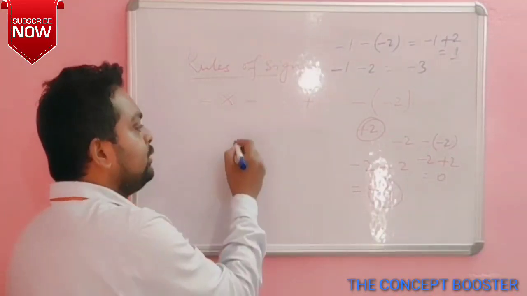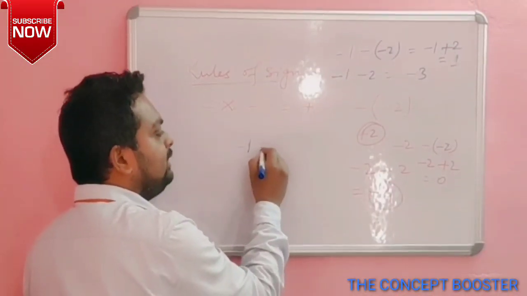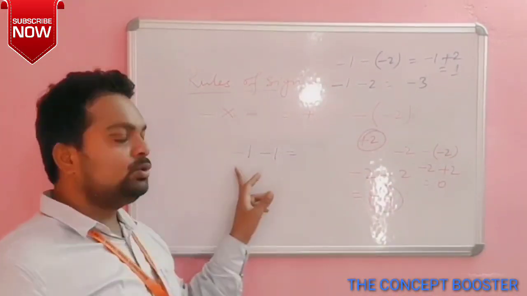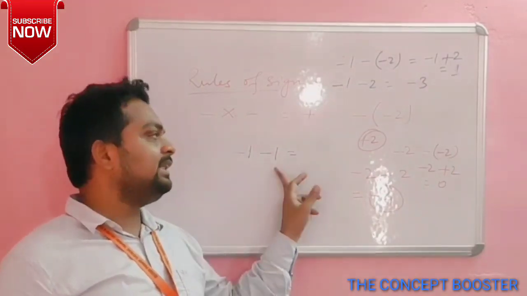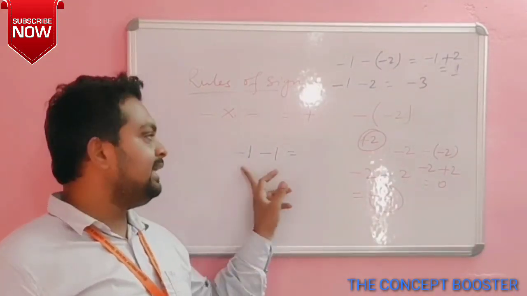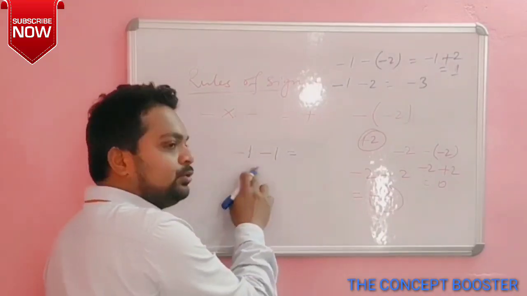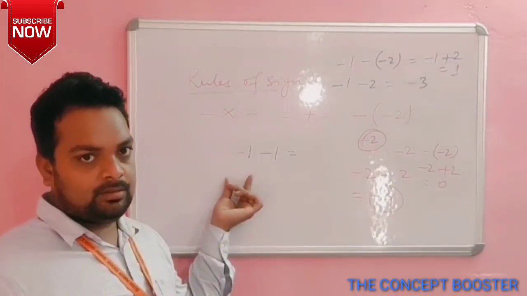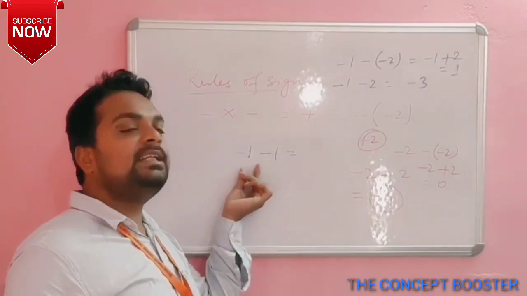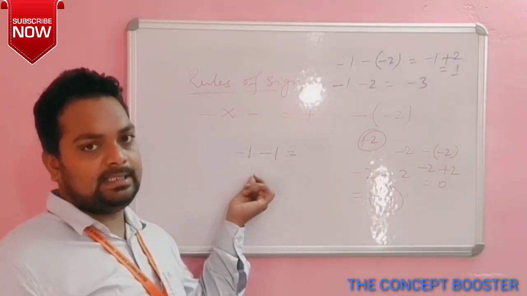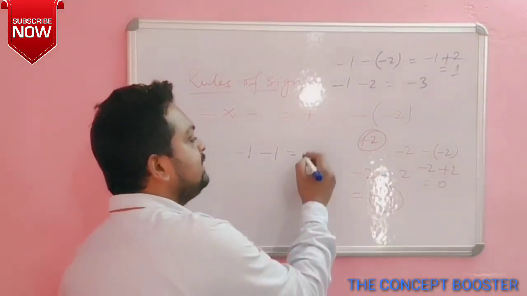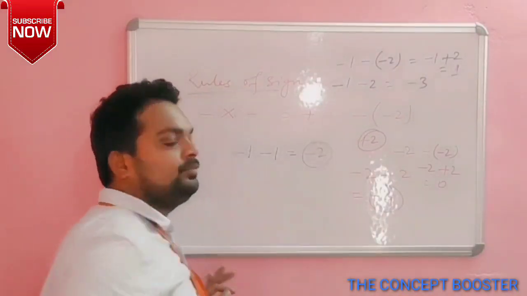Suppose you have two minus signs, like minus 1 minus 1. So minus 1 and minus 1, if it is written like this, then it is actually minus 1 minus 1. Okay, means two individual minus 1, and you have to add this. So when you add this, it is minus 2.